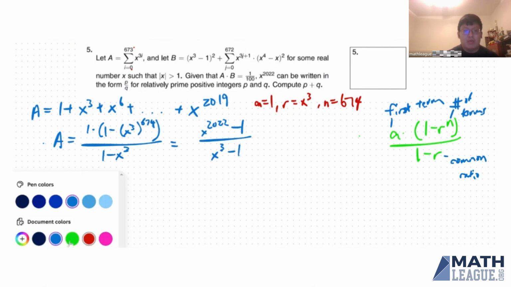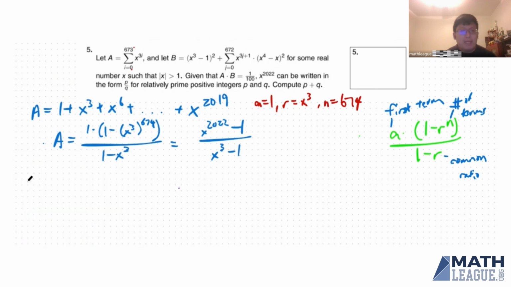B is a bit more complicated, but we can leave this x cubed minus 1 quantity squared on the outside. Now, what is happening after that? Well, the first thing we can notice is that x to the fourth minus x squared, quantity squared, is equal to x squared times the quantity x cubed minus 1 all squared.